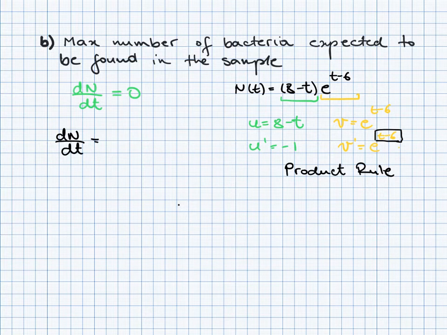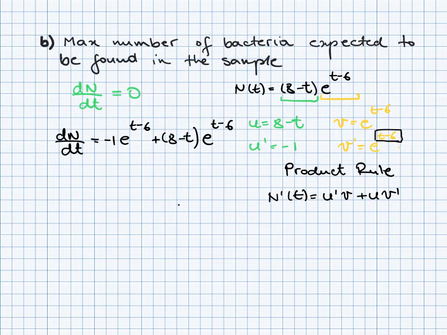Using the product rule, we know N'(t) equals u'v plus uv'. So u' is -1 times v, e to the power of t take away 6, plus u, which is 8 take away t, don't forget the brackets, times v', which is e to the power of t take away 6. Now the next part is to look: do we have anything in common?